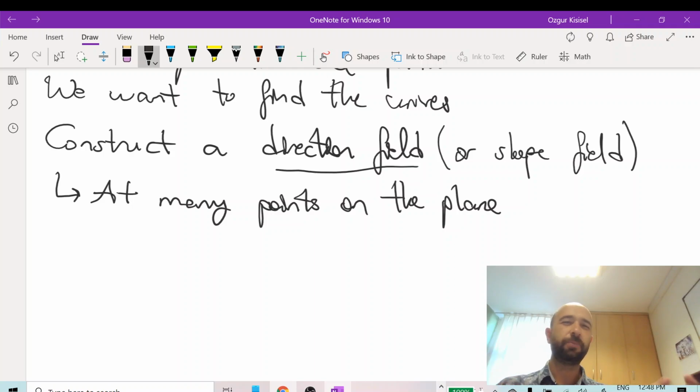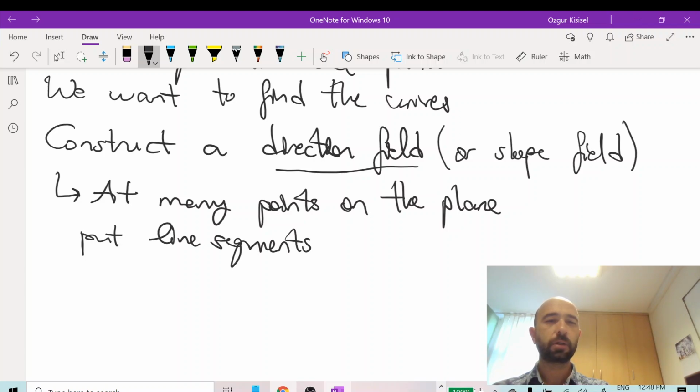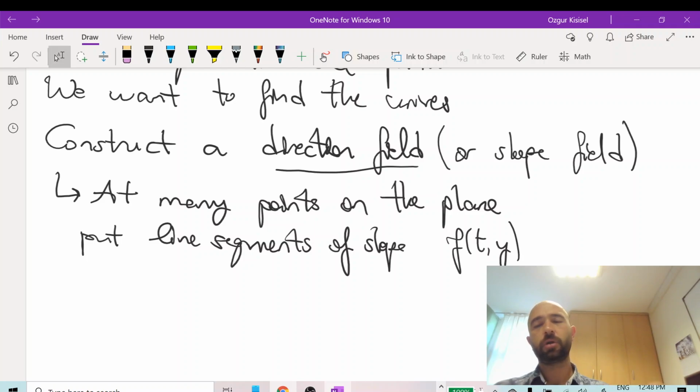So choose as many points as you can on the plane and put line segments of slopes f(t,y). Of course, (t,y) is the coordinates of your point. So when you change the point, this value of the function will change, therefore the slope will change. So you'll have varying slopes all over the plane.